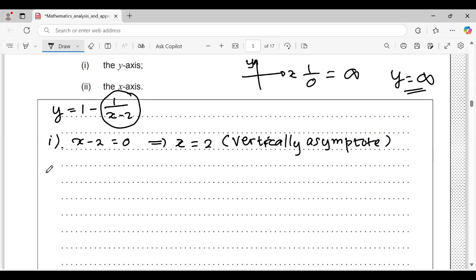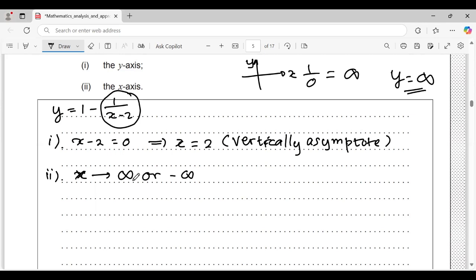But second, the horizontal asymptote. To find the horizontal asymptote, we need to consider that x should approach positive infinity or negative infinity.